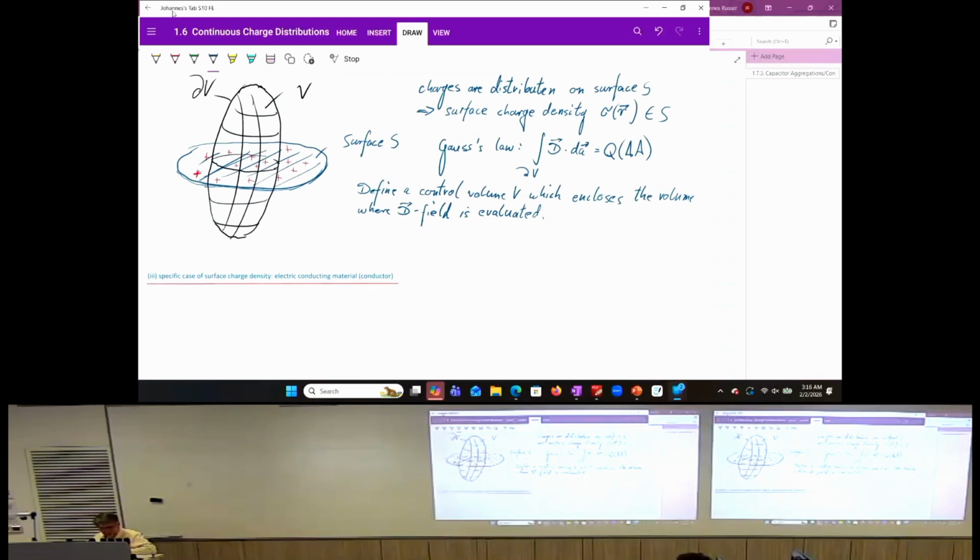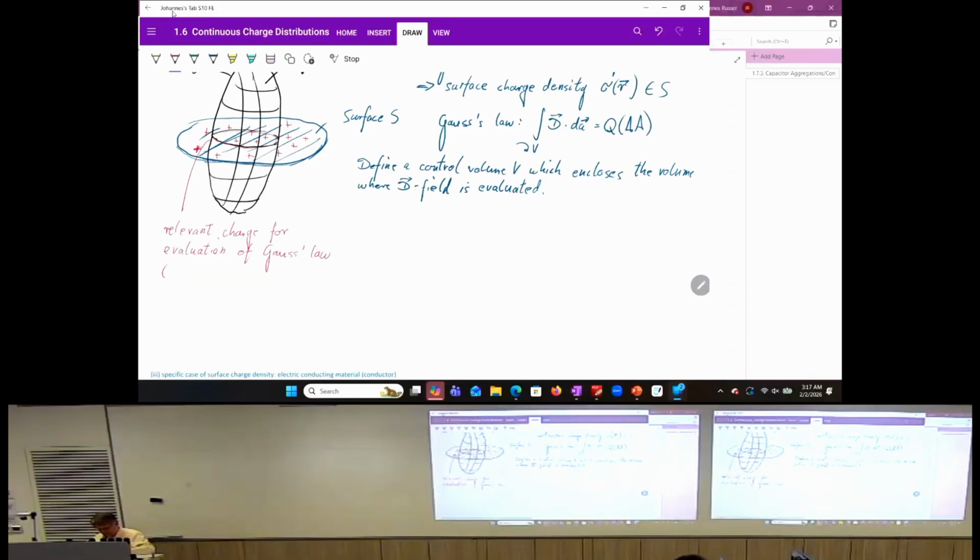Which charges are now relevant? Well, relevant are the charges which are within the volume. That means basically these charges here. These are basically those which are inside the volume V. What you have here on the surface, but inside the volume.